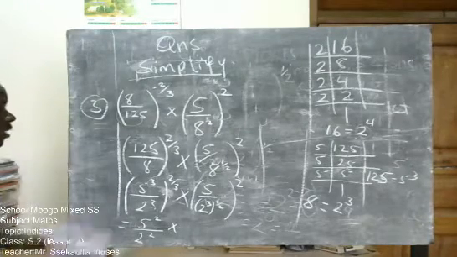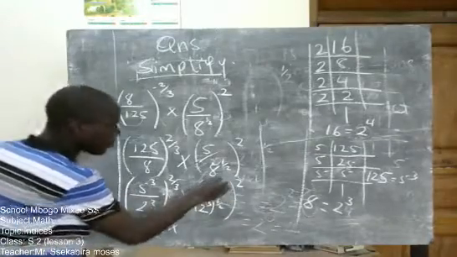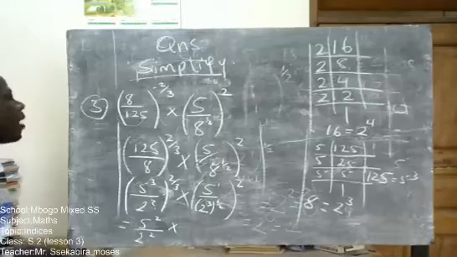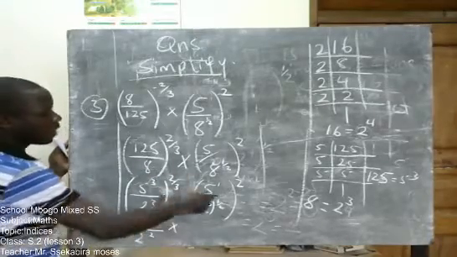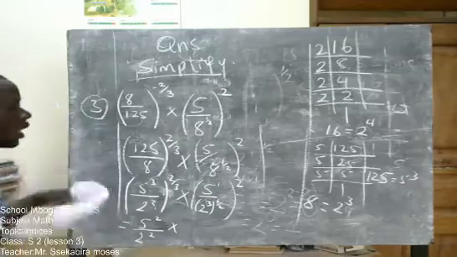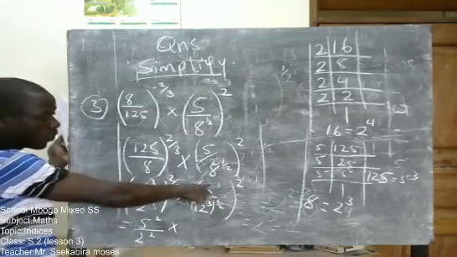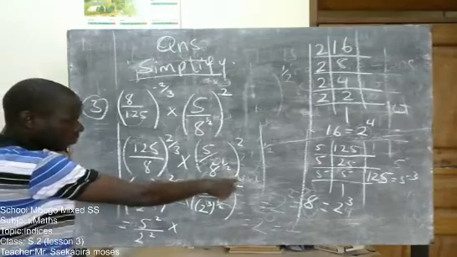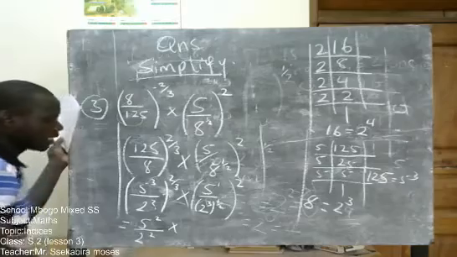Then times, 5 is the same as 5 to power 1. Any number to power 1 is that very number. So the power is multiplied with the power: 1 times 2, because this is the power and this is the power. 2 times 1, you get 2.